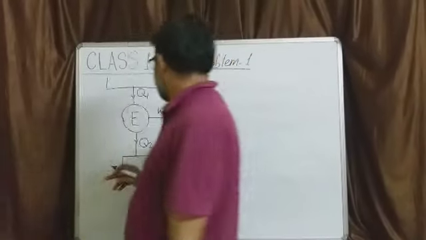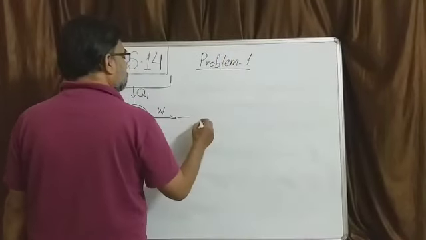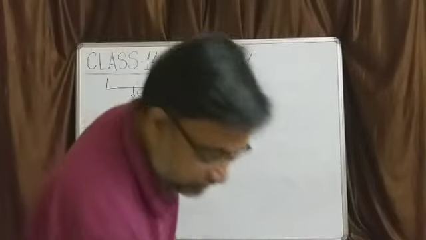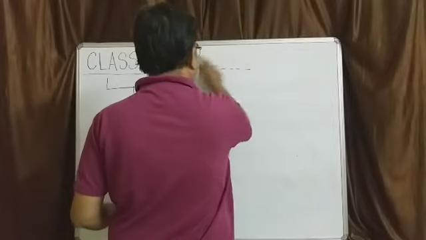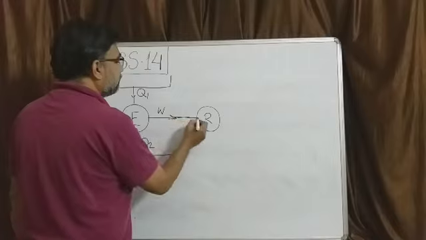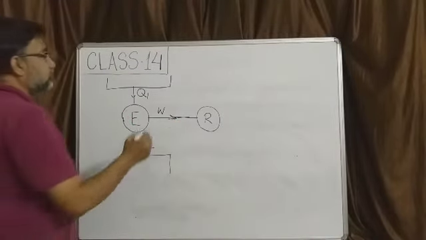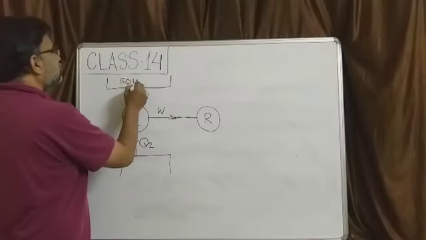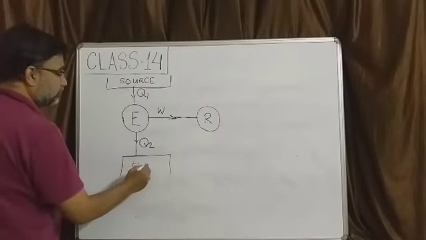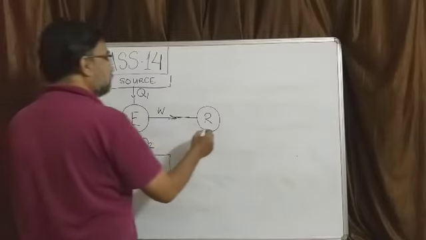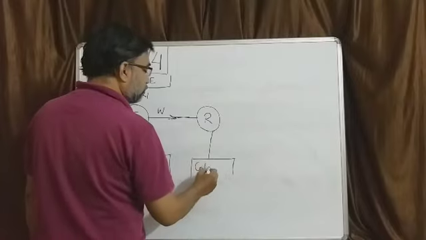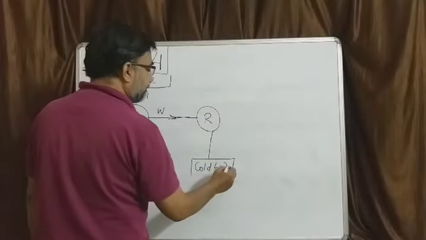Now, then we have a refrigerator, and this refrigerator is consuming the work delivered by the engine. So this is the source for the engine, this is the sink for the engine. For the refrigerator, this is the cold body from which heat is extracted. Right?